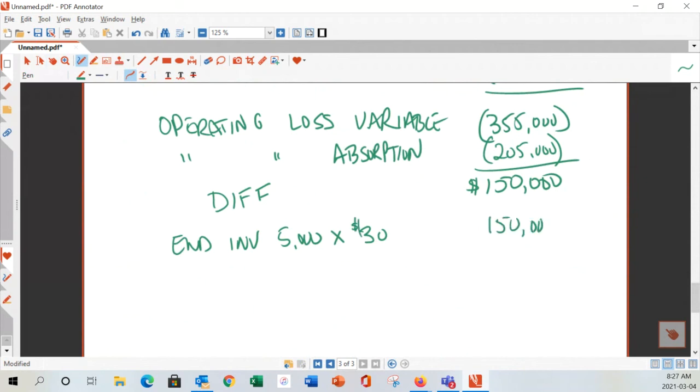And we get that 150. So that explains our difference here. So that's our reconciliation of the absorption and the variable costing income statements. Okay.